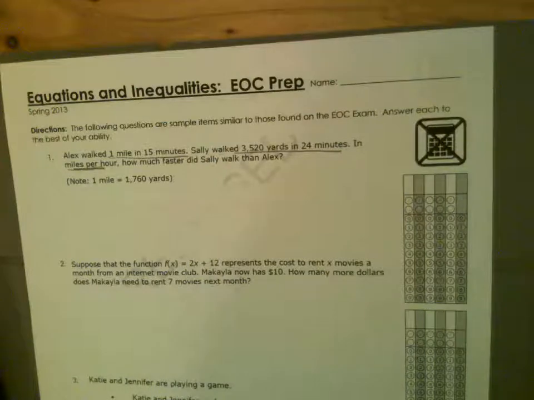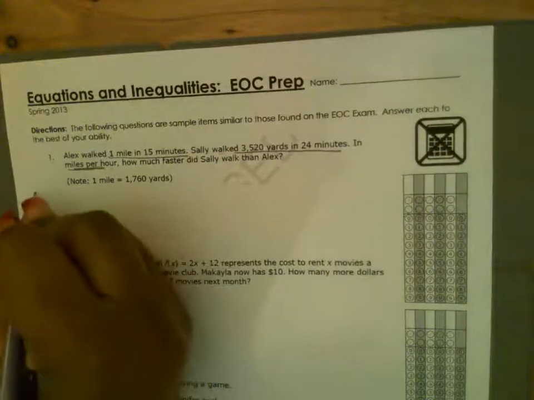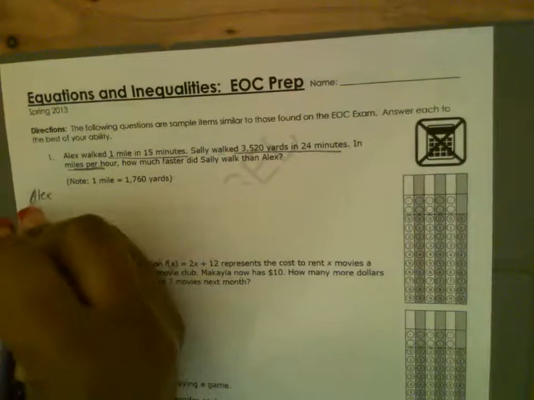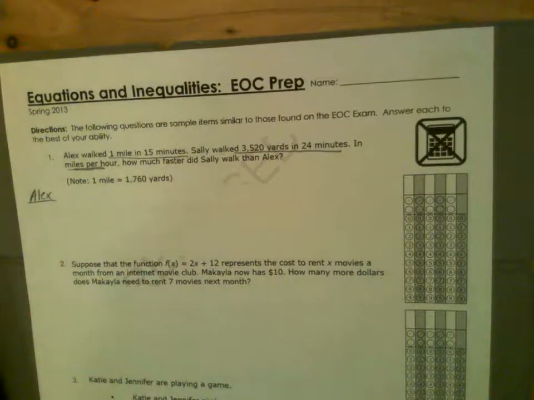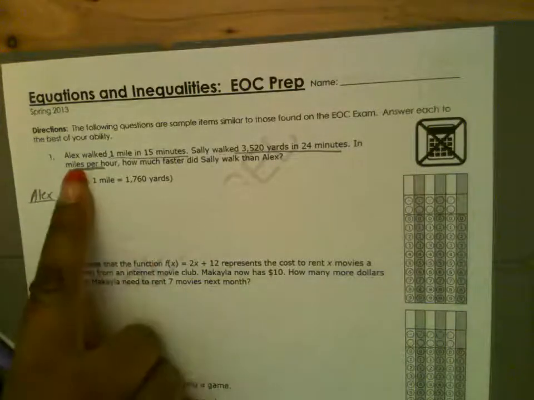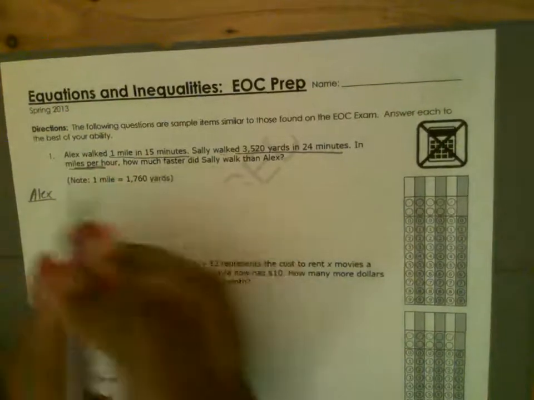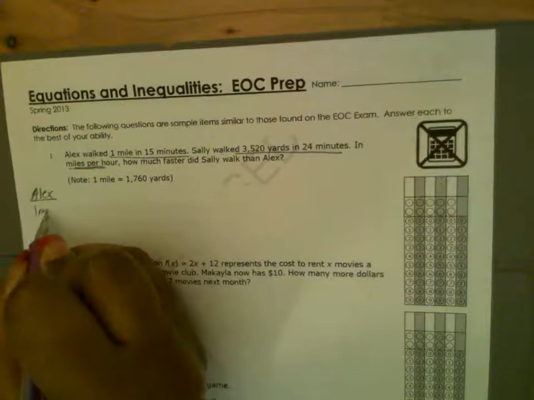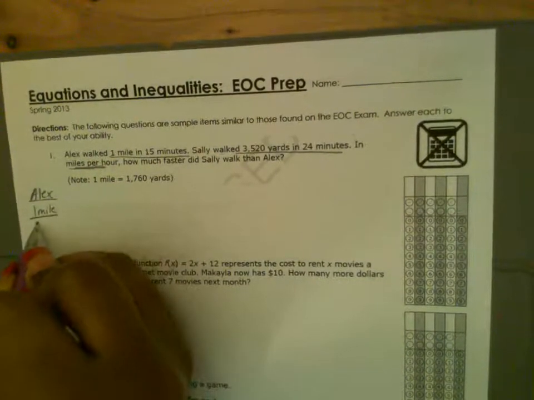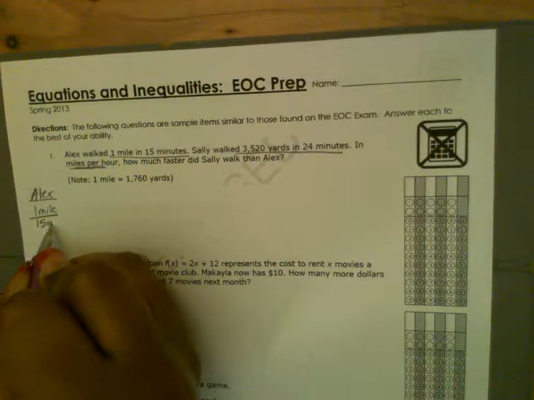miles per hour. Okay, so let's first look at Alex, and then we'll look at Sally, and then we'll see how much faster Sally walked, because we know Sally walked faster than Alex. We subtract those amounts from each other to figure out how much faster Sally walked than Alex. But we must first convert to miles per hour. We have 1 mile per 15 minutes.